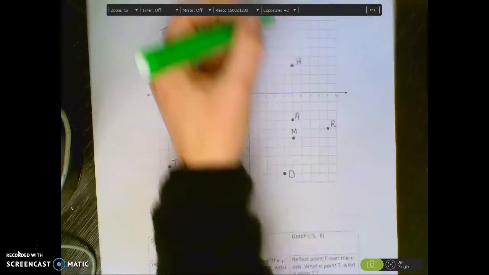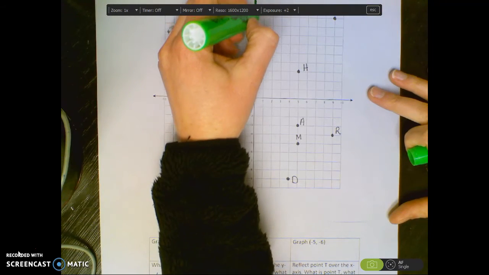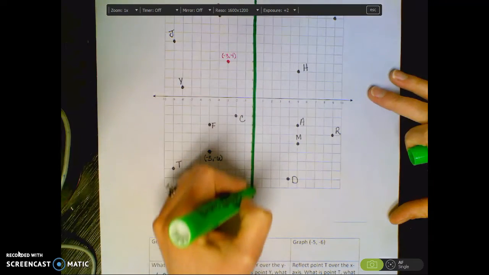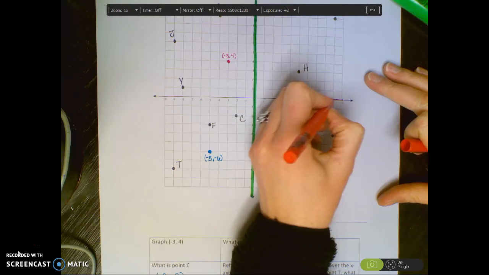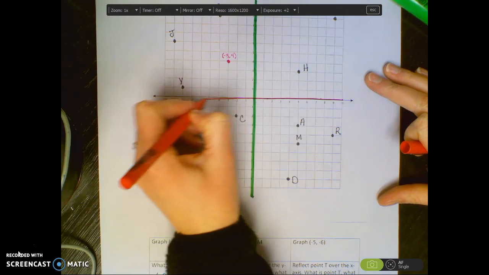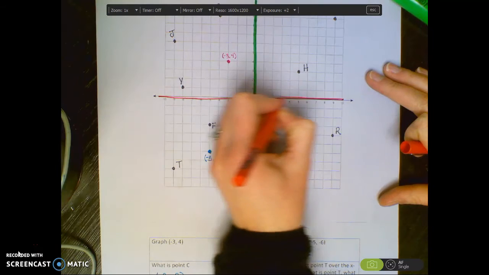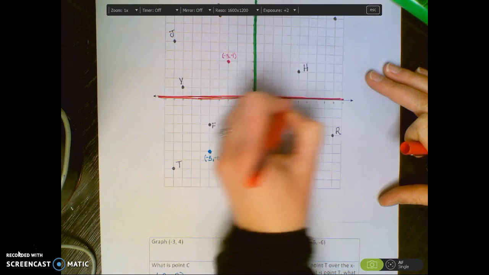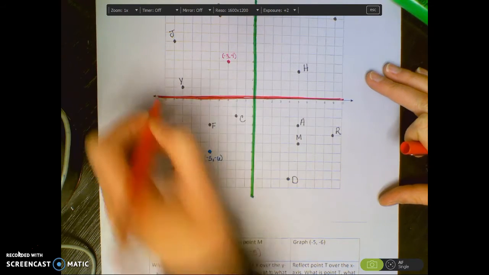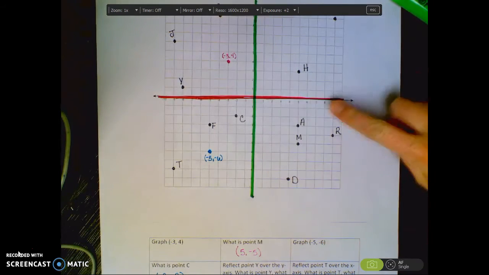What you're going to do is highlight the y-axis in one color, and then I want you to highlight the x-axis in a different color. Try to make that one a little bit thicker too. So this is my y, this is my x.